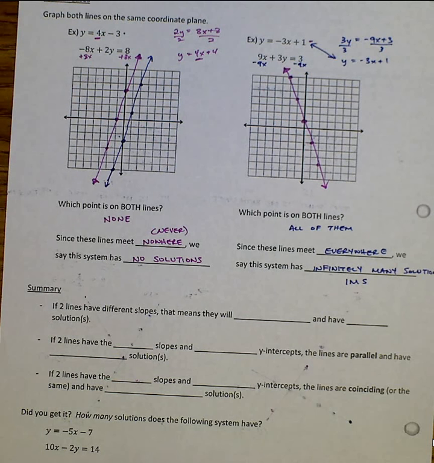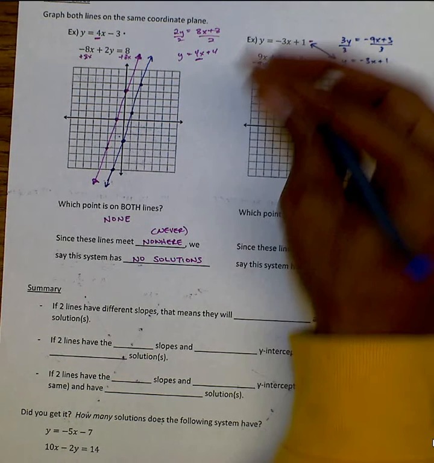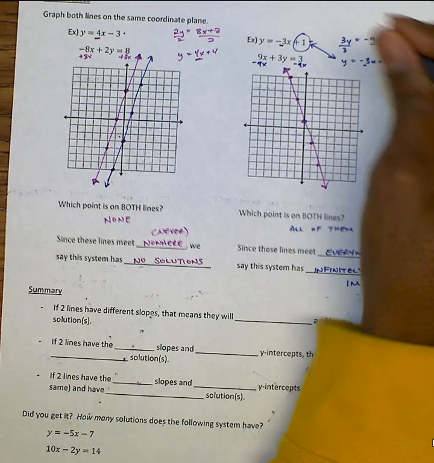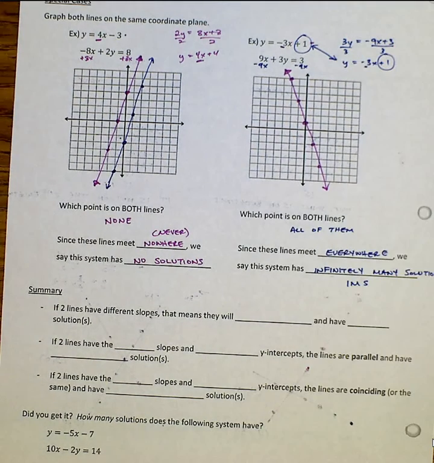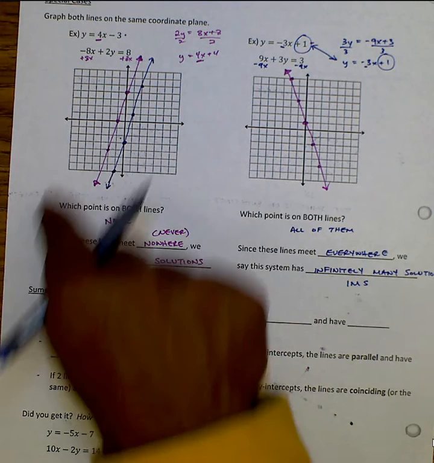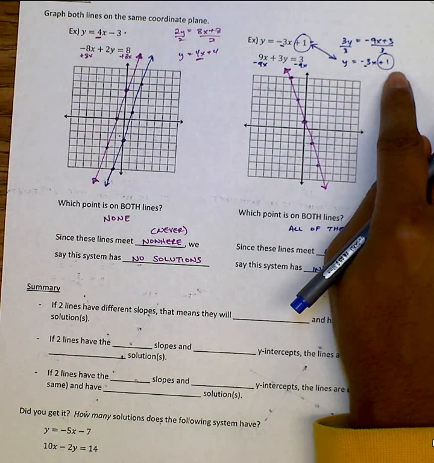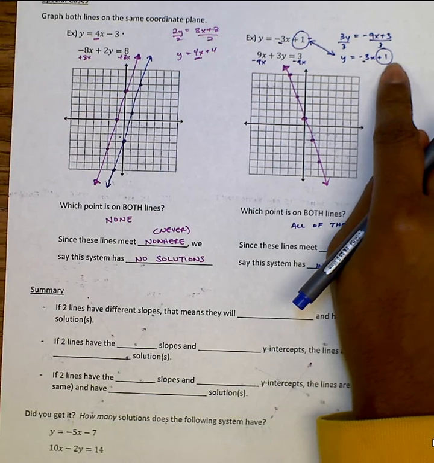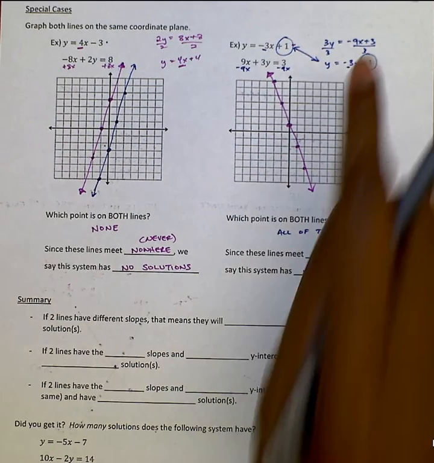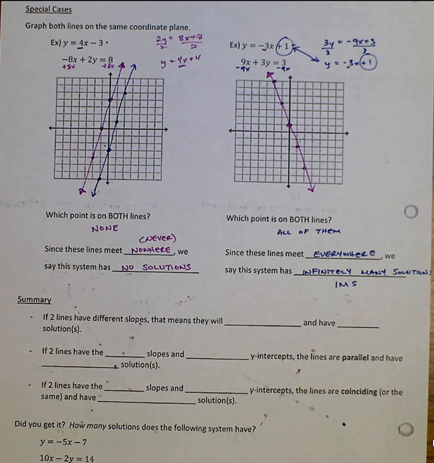Okay, notice that these lines have the same slope because they were both negative 3, but they also have the same y-intercept. So you can't just stop and say, oh, they have the same slope, they have to be no solution. Make sure they have the same slope and different y-intercepts to be no solution, same slope, same y-intercept to be infinitely many solutions, because that will mean that both lines are essentially the same line.